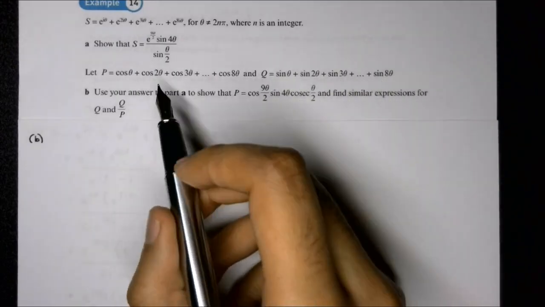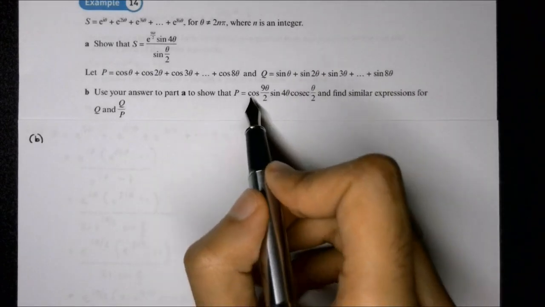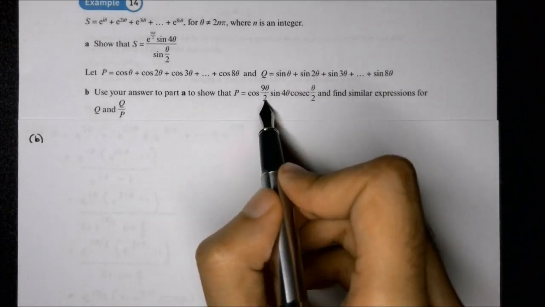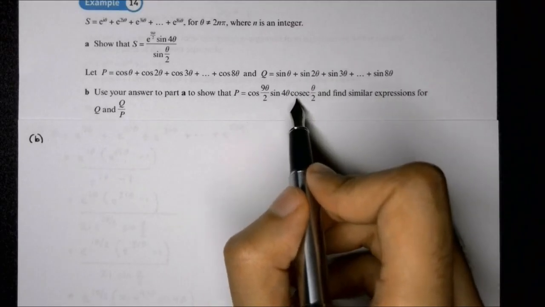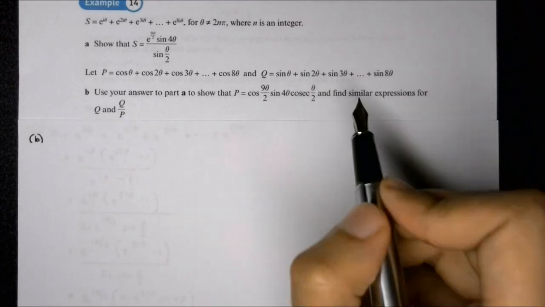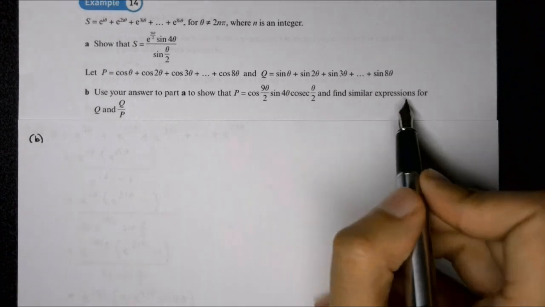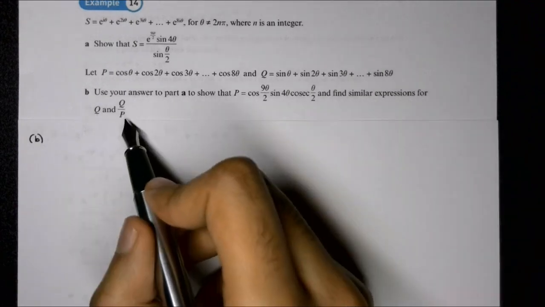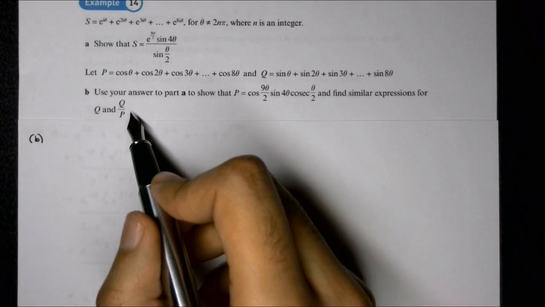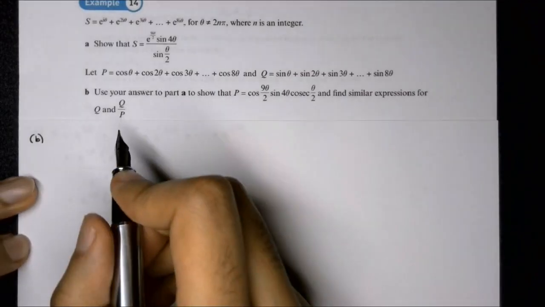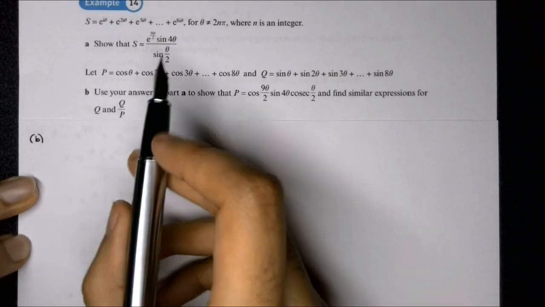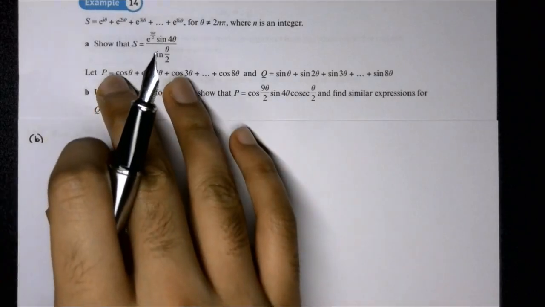And now we have to use our results in part A to show that p equals cos of 9 theta over 2 times the sine of 4 theta times the cosec of theta over 2, and we have to find similar expressions for q and q over p. So to do this, what we need to do over here is recognize what we mentioned before.